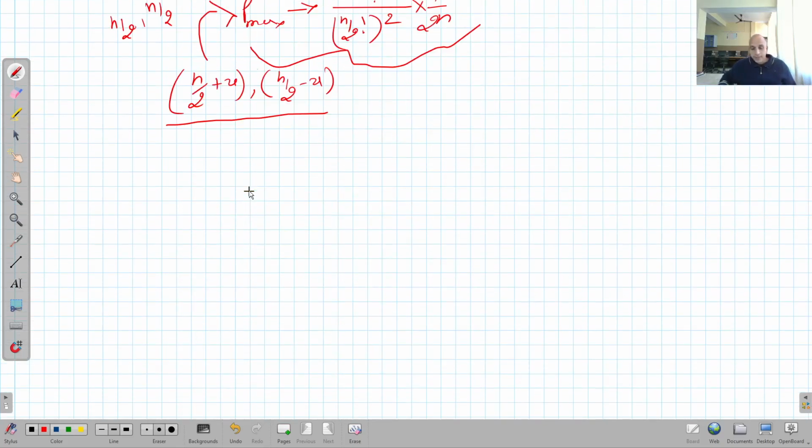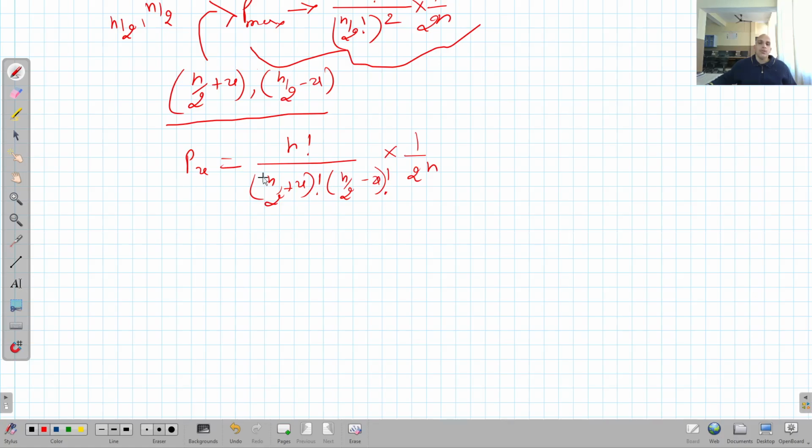So for it, now I'm writing the probability of the new state, that is P x is equal to n factorial divided by (n/2 plus x) factorial into (n/2 minus x) factorial into 1 upon 2 raised to power n.